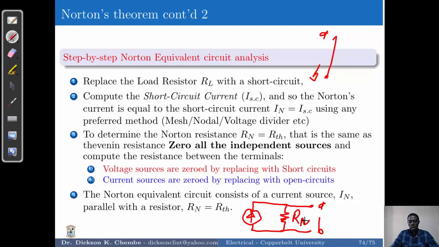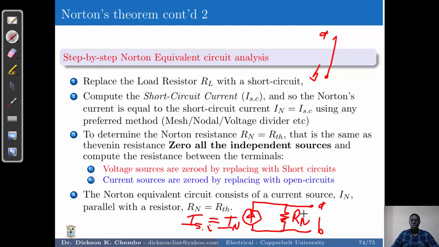This is going to be your R Norton, and this is going to be your I Norton, and this is what we are calling the Norton's equivalent circuit. And you find this to be equal to the short circuit current, ISC.